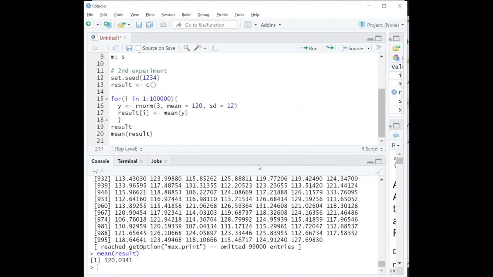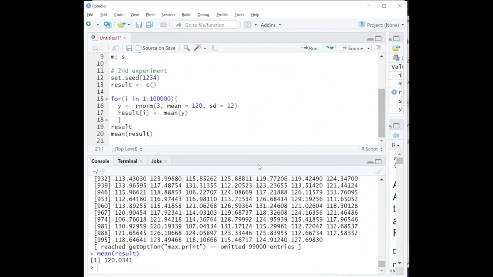It's 120. I mean, it is not exactly 120, but that doesn't matter. It would be exactly 120 if we had done an infinite number of simulations. Now the number is finite, so there is always some error that persists.